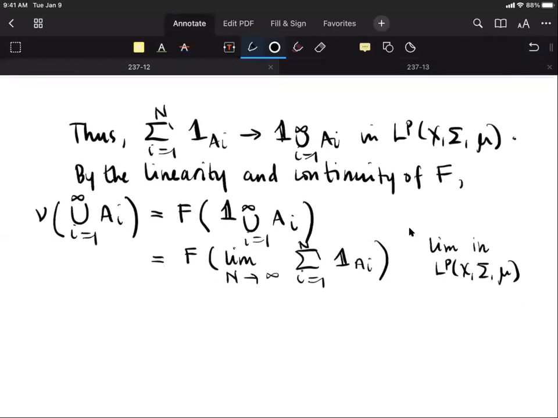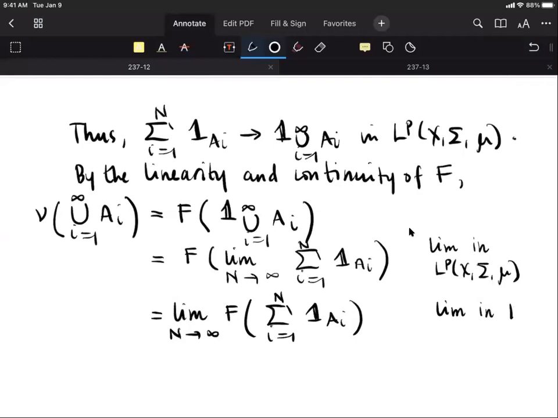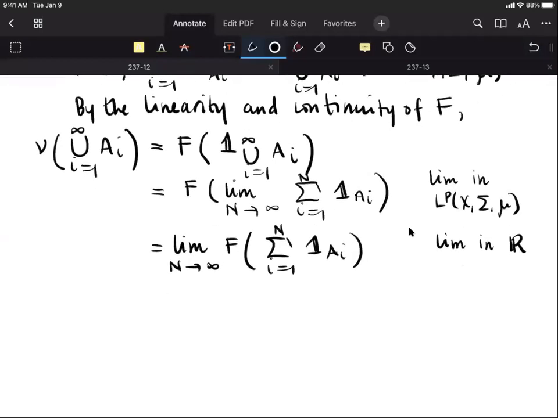Since F is continuous, therefore it is convergence preserving. So here, you now have the limit as n goes to infinity of F of this sum. Of course, now the limit here is taken in R. Linearity of F implies that F of the linear combination, or F of the sum, is just the sum of the F values.